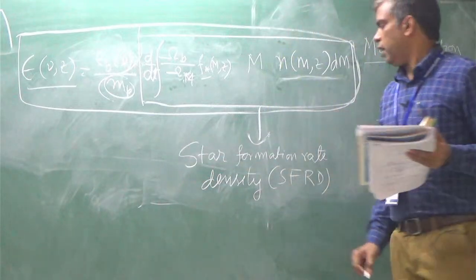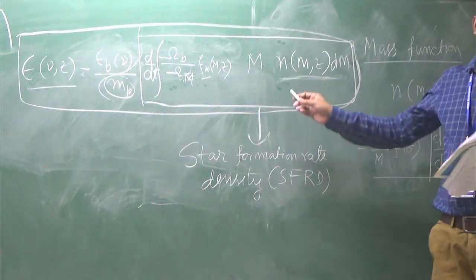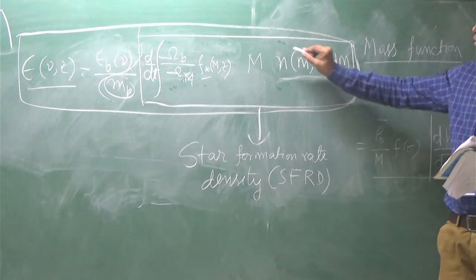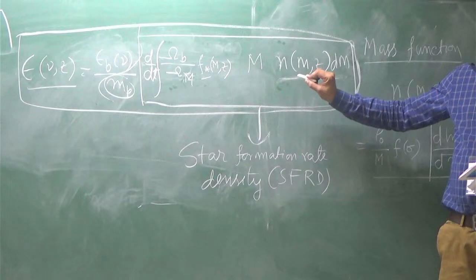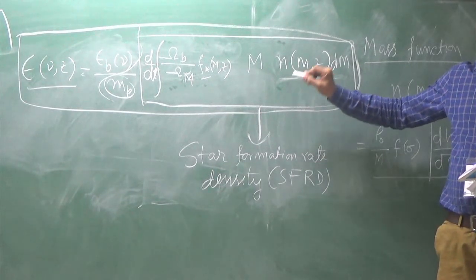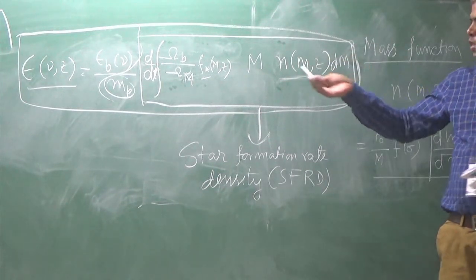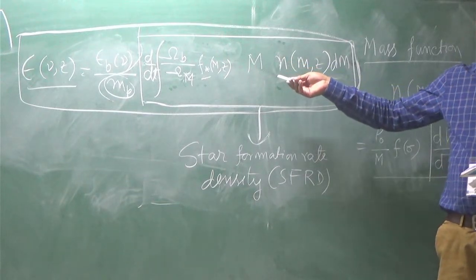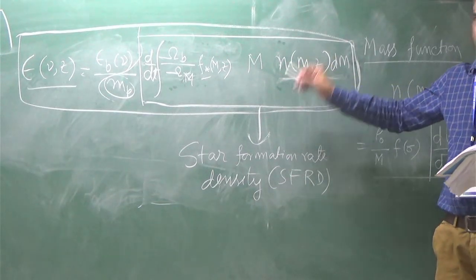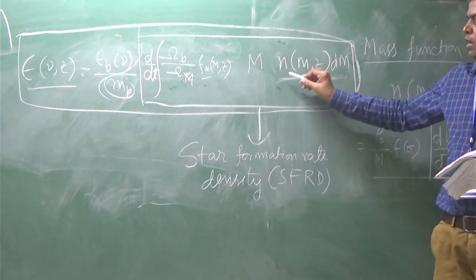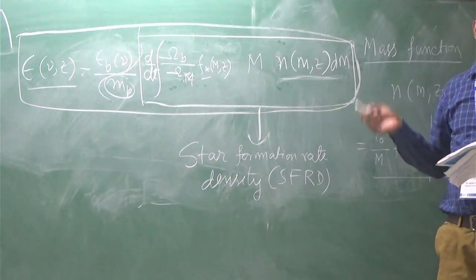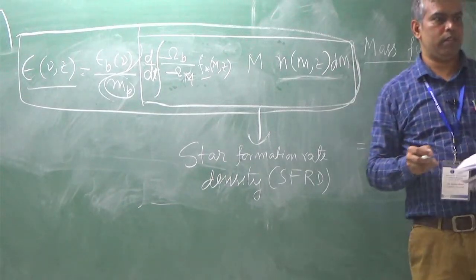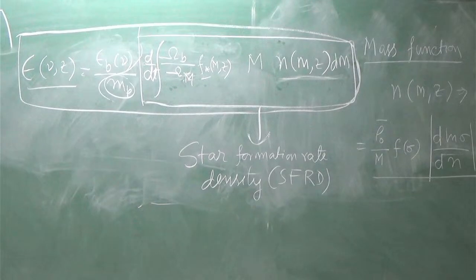You might have seen many plots of this as a function of redshift. This is one of the most important quantities that people try to model, and also try to compare their model with observations. You can model your star formation rate density, compare it, and extract some parameters, the way that was discussed, like inferences.